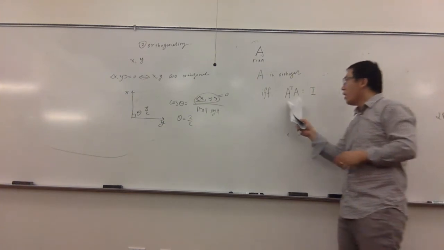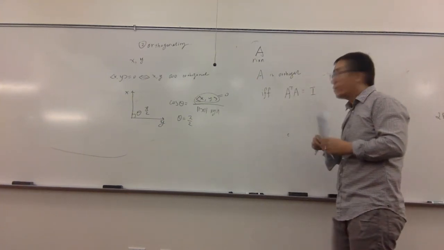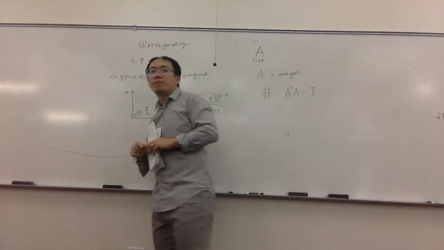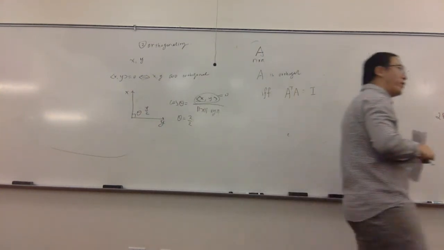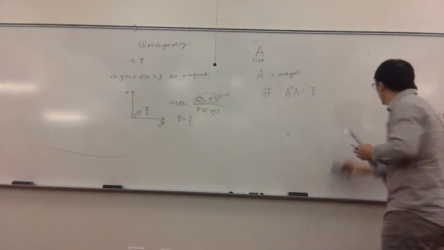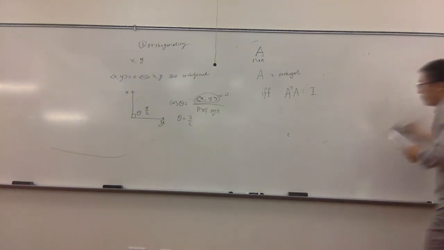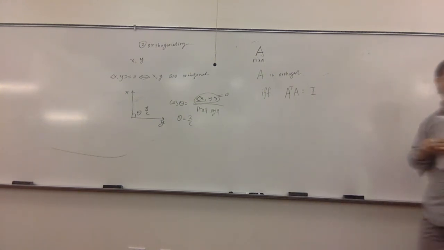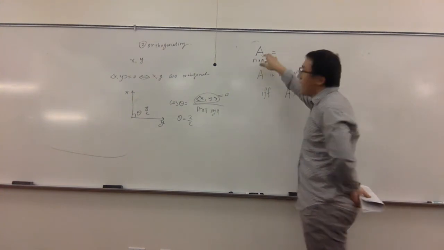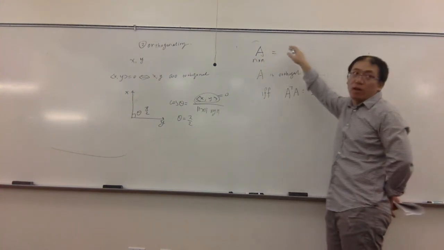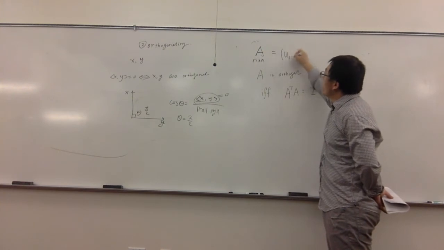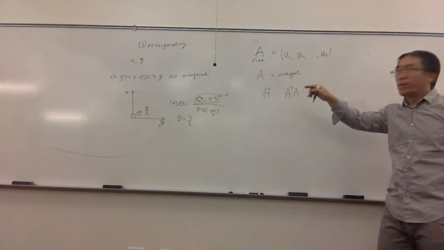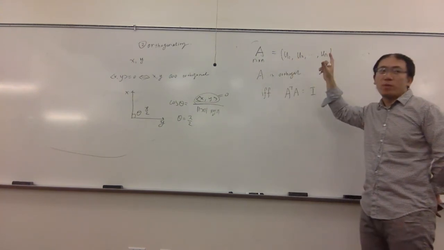And how does this definition of an orthogonal matrix associate with orthogonal vectors? We can look into it. We can first look into the column vectors of A. If we write A in terms of its column vectors, we have n column vectors, u1 to un, each corresponding to one specific column.